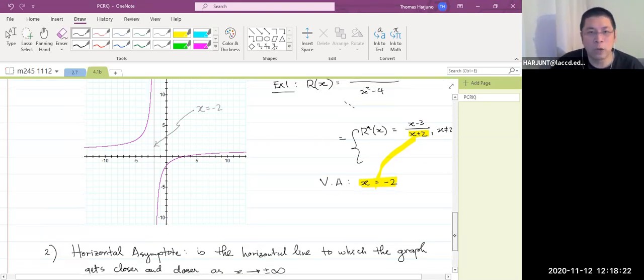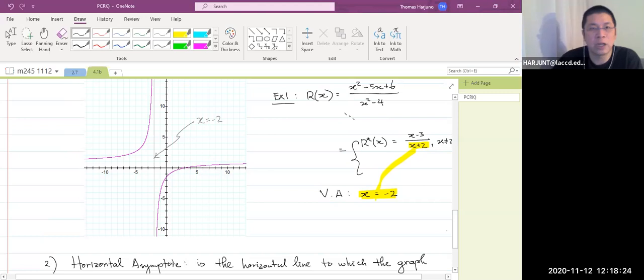Now, if we look above here, you will see that our horizontal asymptote on the previous rational function is this line. You will see the horizontal asymptote is y equals 1 in the previous question.